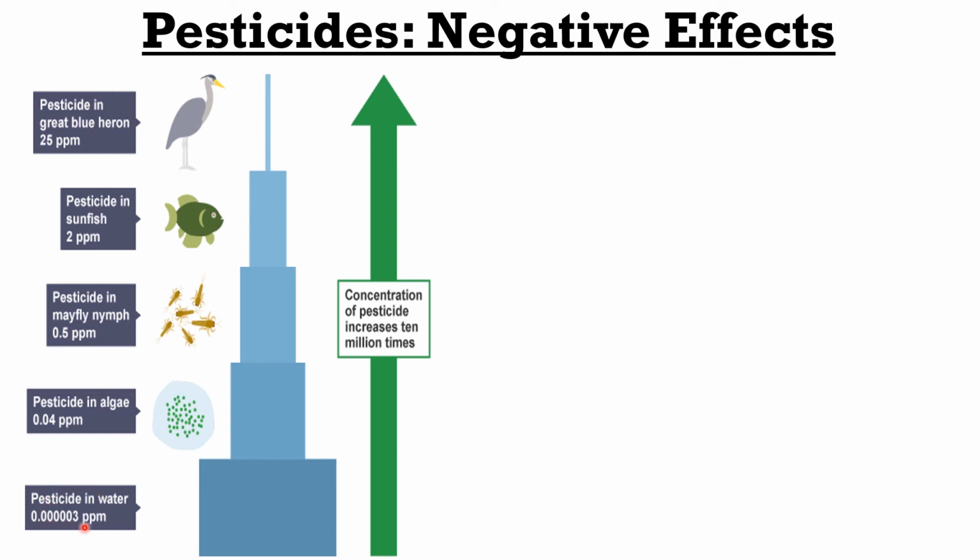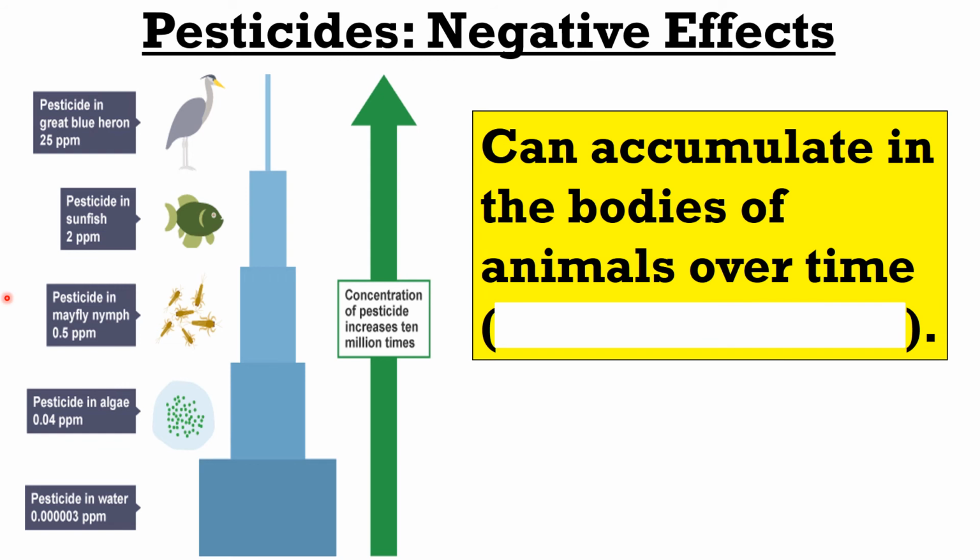Within the water, ppm is parts per million. As you go up the food chain, the concentration of the pesticide is actually increasing, and it's increasing 10 million times. So the algae has much less pesticide present within it than the heron does at the top of the food chain, and we'll explain why.